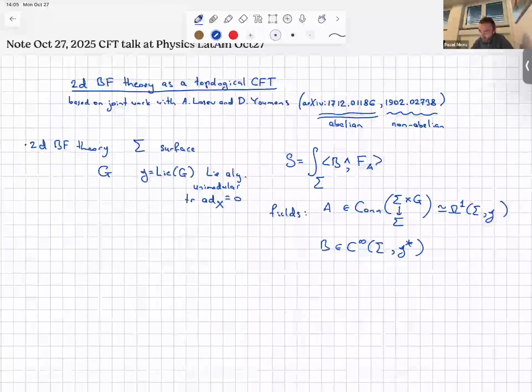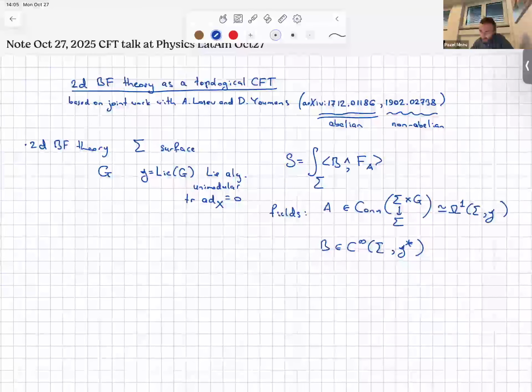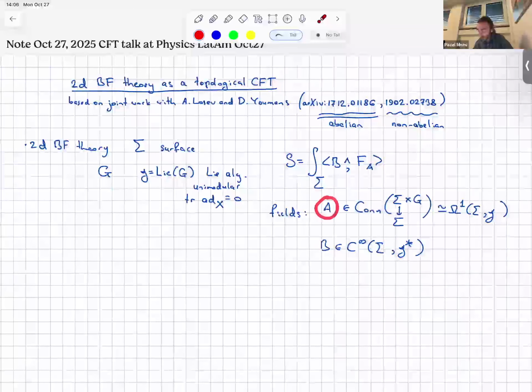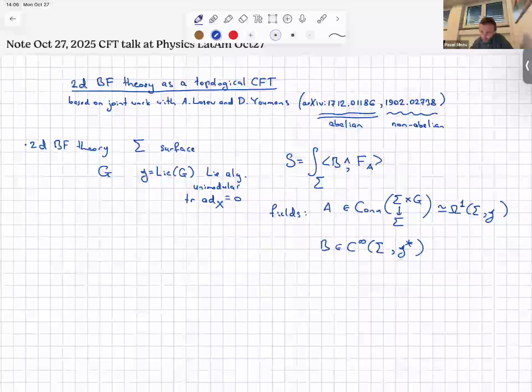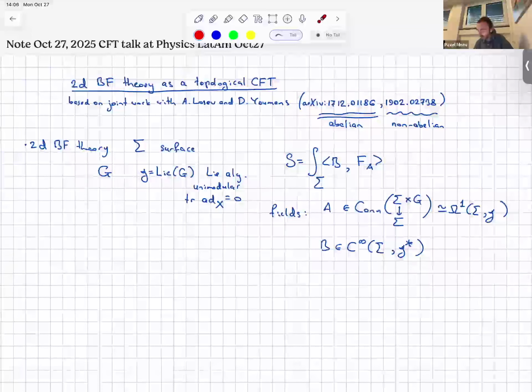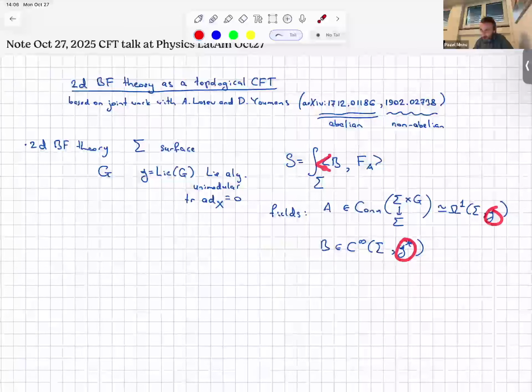Then what is written here in the action is, I take the curvature of the connection. This is a two form with values in the Lie algebra. Then I multiply it by this function. Actually, I don't even need the wedge sign, frankly, because it's just a function times a two form, which is a two form. But then I need to pair g star with g, which I denote by this canonical pairing.